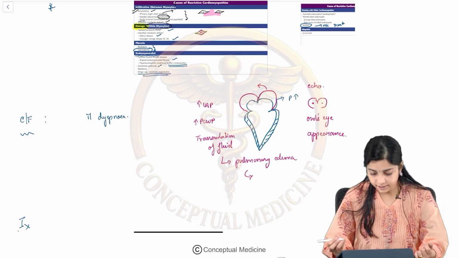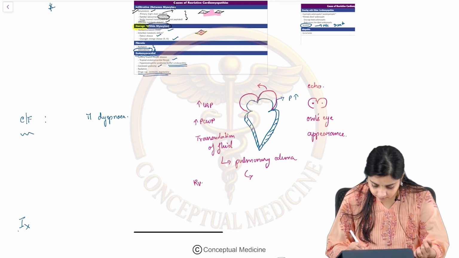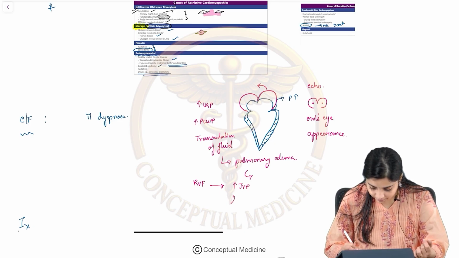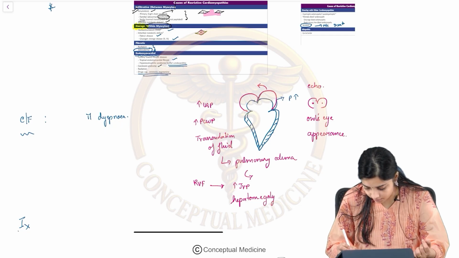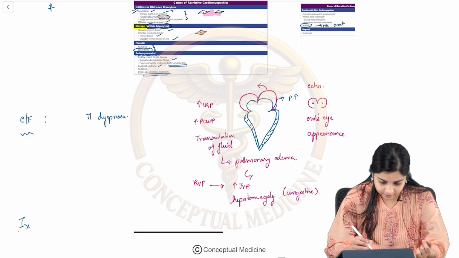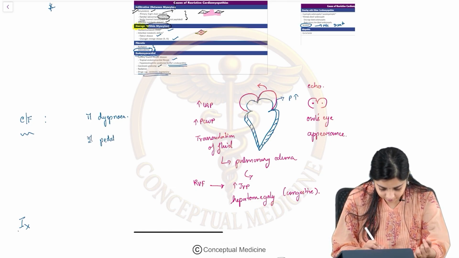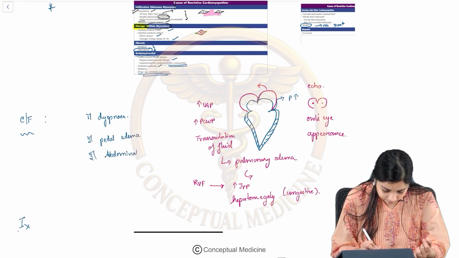Over the course of time, as the RV fails further, it can result in an elevated JVP. It can result in hepatomegaly because of what? It is a type of congestive hepatomegaly, right? So it can result in congestive hepatomegaly, and you can also have pedal edema, abdominal distension and anasarca.